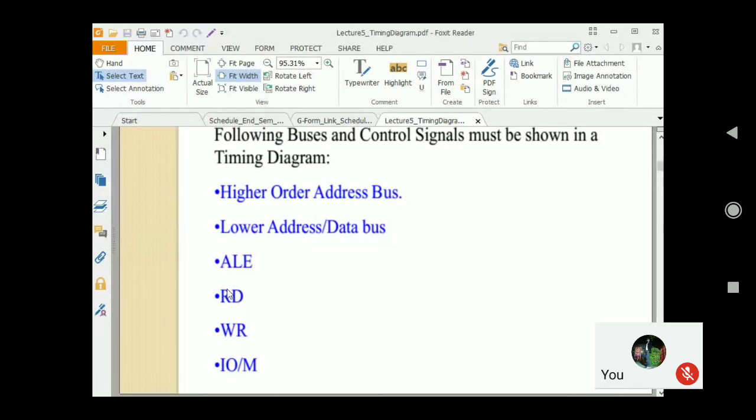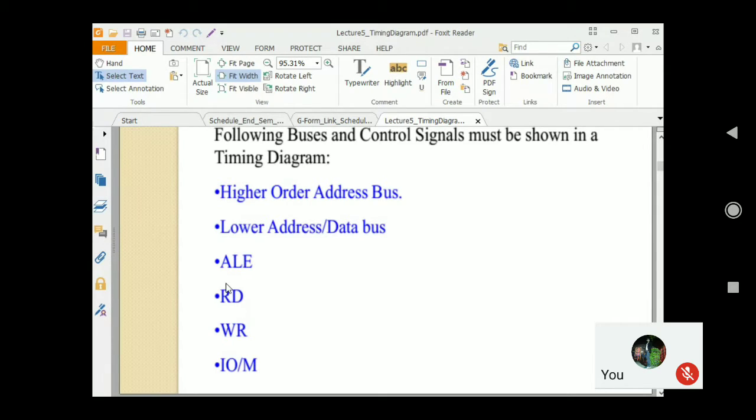We have seen that the read and write signals are negation signals. We usually don't write RD and WR; we usually write the negation of them, which is just the opposite. Negation means, suppose I write RD bar, if I put the input signal as 1, then its result will be 0, and if I give 0 as input, then the output is 1.